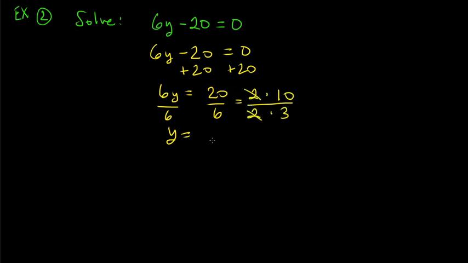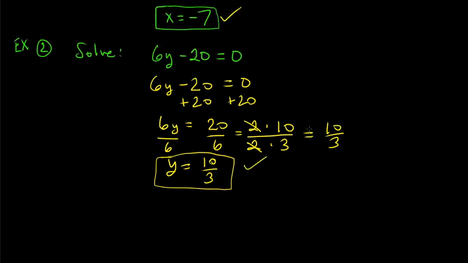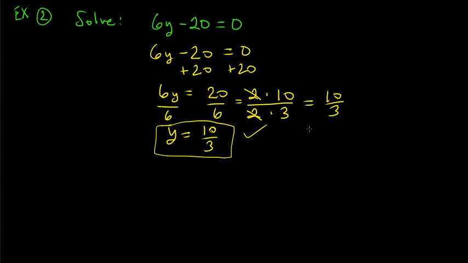So 2 divided by 2 is 1, and you end up with 10 over 3. So y is 10 over 3. And that's the solution, as hopefully you already checked. All right. So again, these are examples of linear equations, ones that you've solved many times before.